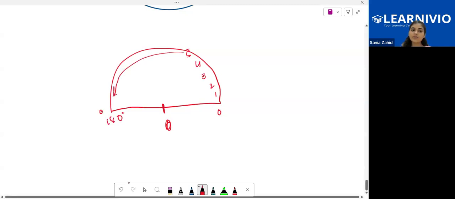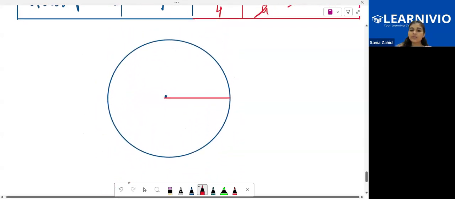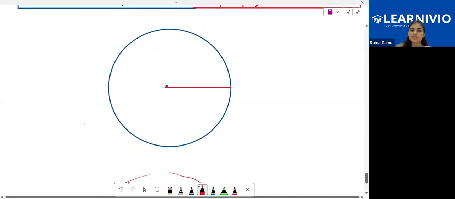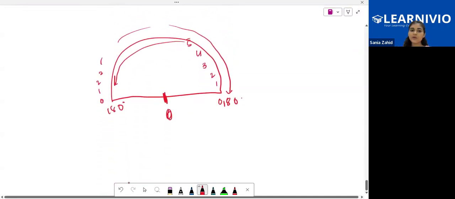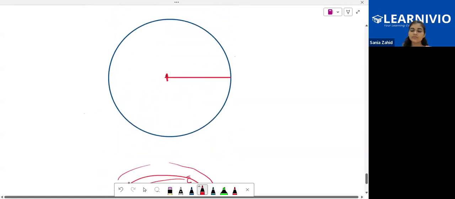And again you have 0, 1, 2, 3, 4, 5, 6 going from here to here till 180 degrees. Right? Yes. Now, see, this point over here should be kept over this center.